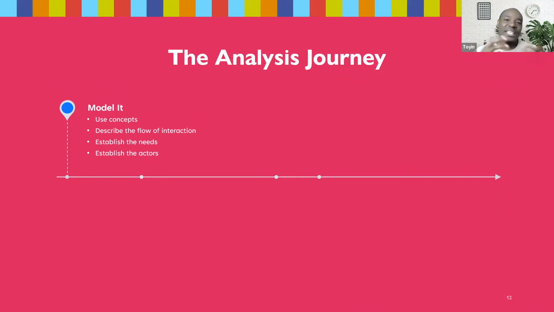And when you paint that picture, what you're trying to identify within it is who the people are that are going to consume or utilize the end product, what they're going to be doing with the end product, and the information that they're going to be passing through the end product.